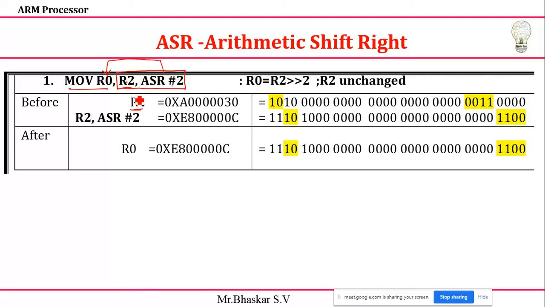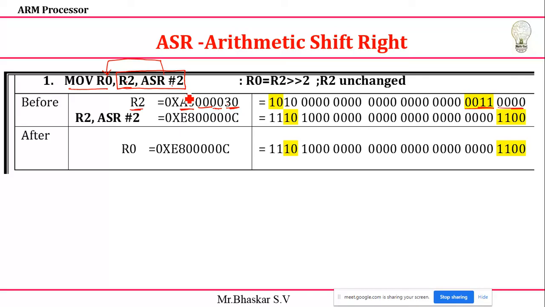For clear explanation, I'll take A. Previously I took 0x00030, now I'll take 0xA0000030. So 3 means you already know we did 0011 and 0000.